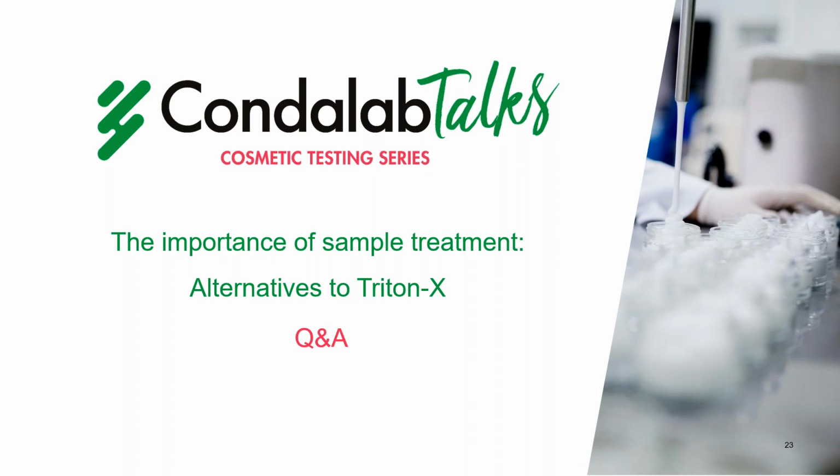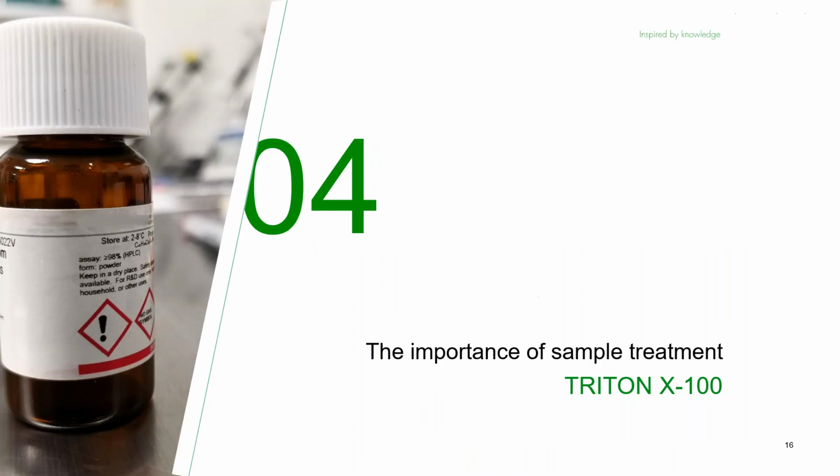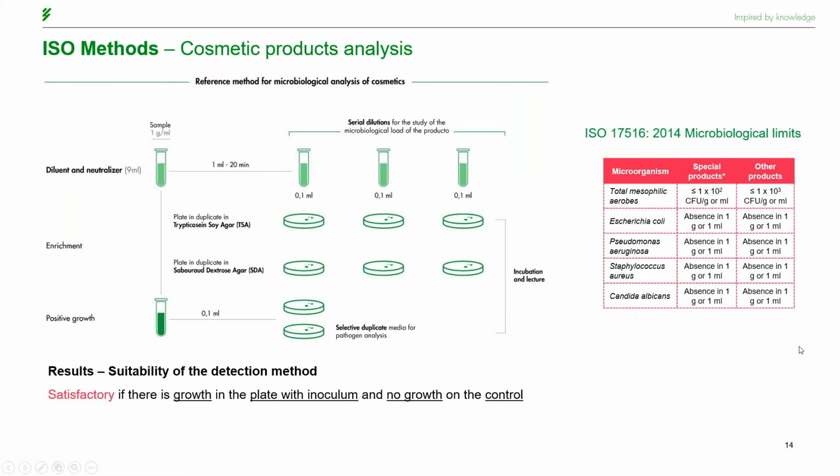Acceptance criteria for pathogens and microbial load. We have already covered that. We had a small table; we can go back if you want, just quickly. Here, the microbiological limits according to ISO.